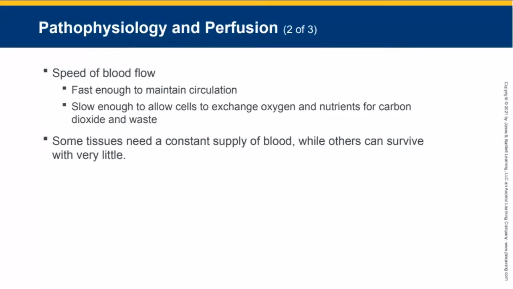And when I say core organs, I mean the brain, the lungs, the heart, and kidneys. If something compromises the blood flow to these core organs, then the body will make adjustments to ensure that blood flow is still going to these areas within the body.